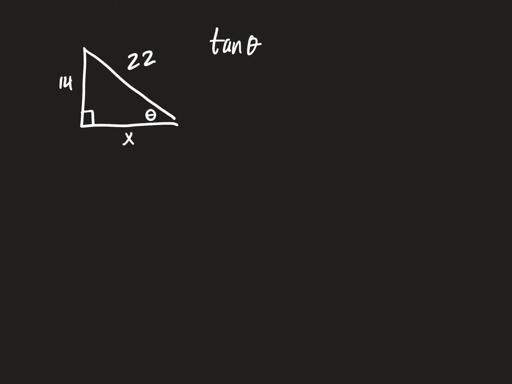So we had to solve, right? So we had 14, 22. We're looking for tangent of that angle, so we need this missing side. Right, so x squared plus 14 squared is 22 squared.